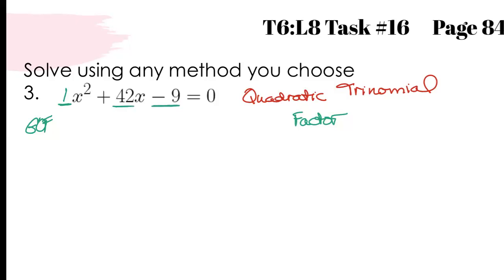And your constant here, you got to check your sign, is -9. Start with the smallest one. 1. Well, shoot, 1 is a factor of everything, right? 1 times any number is that number. So that's not helpful. I do not have anything to factor out. So now that I have 3 terms, what am I going to use?